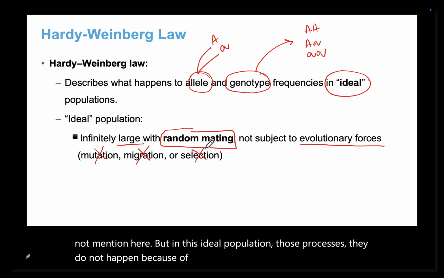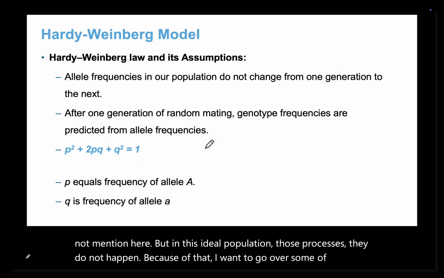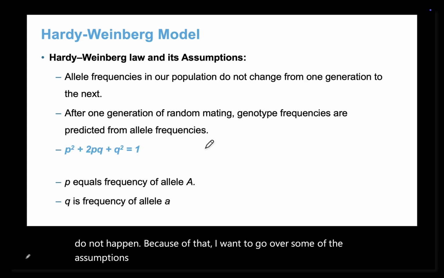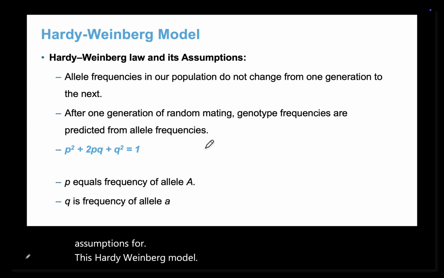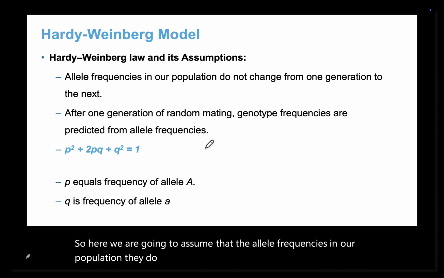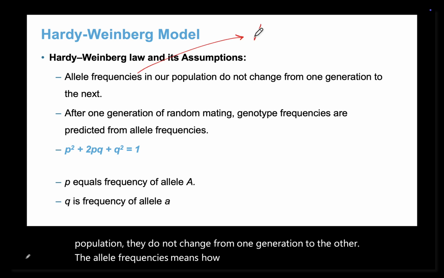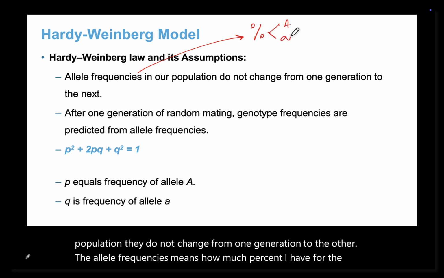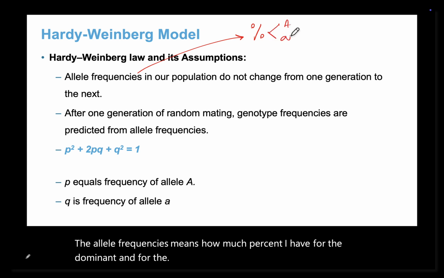Because of that, I want to go over some of the assumptions for this Hardy-Weinberg model. Here, we are going to assume that the allele frequencies in our population do not change from one generation to the other. The allele frequencies mean how much percent I have for the dominant and for the recessive allele.